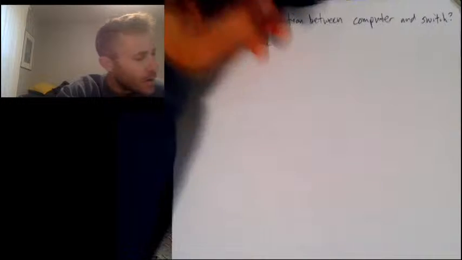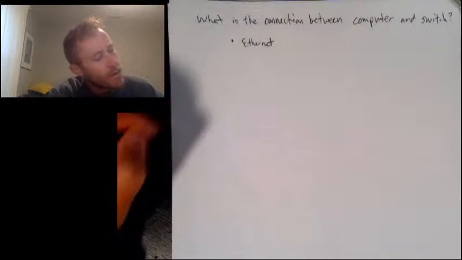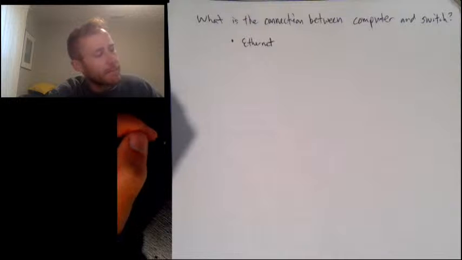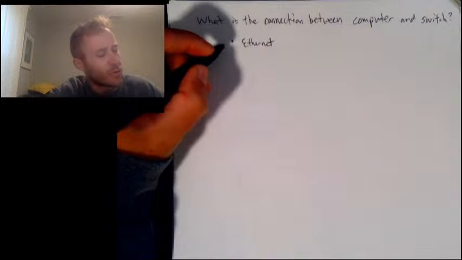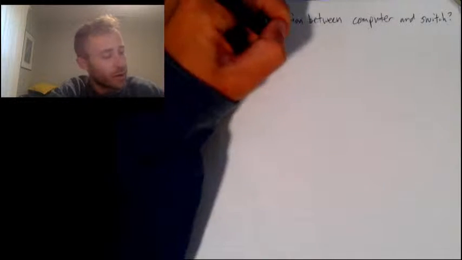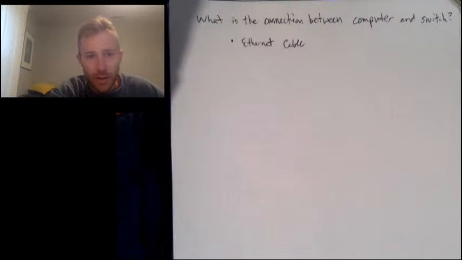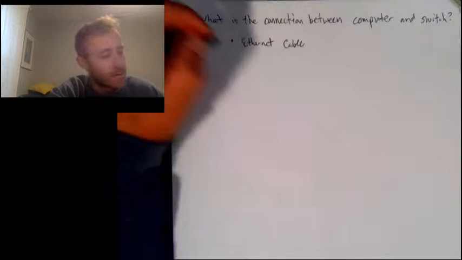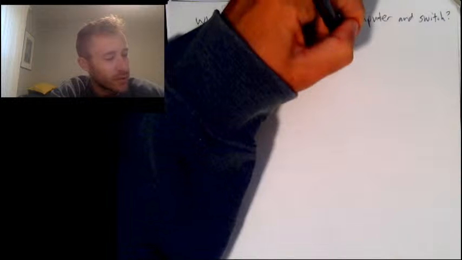So one of the ways that you could have a connection between a computer and a switch is with an Ethernet cable. Now, an Ethernet cable obviously has the advantage that it is faster, or fastest, I should say.